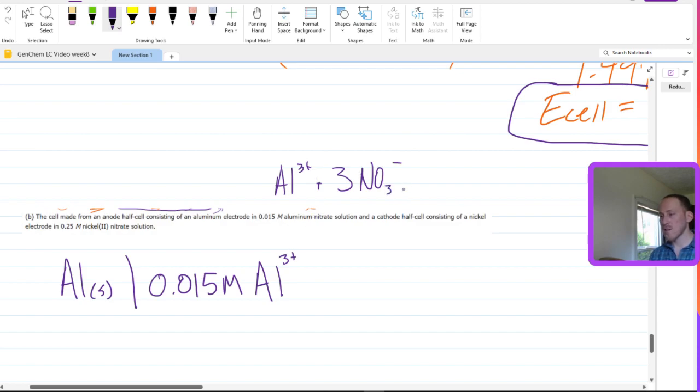A 3-electron solution. That's what's going on over there. This is going to prove to be a spectator ion shortly. Salt bridge.